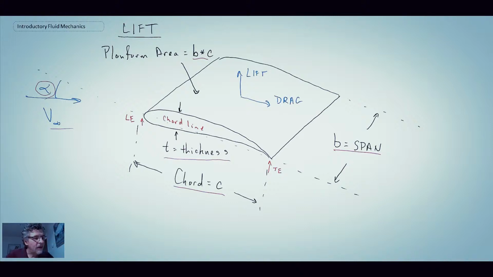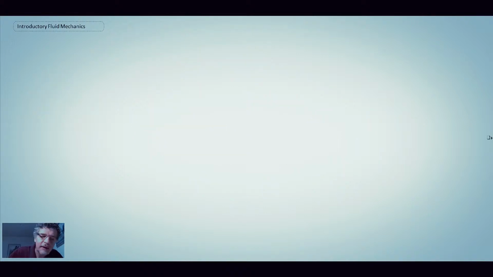Okay, now the way that we characterize lift characteristics on any kind of body, be it an aerodynamic body or not, we use the lift coefficient, very much like what we saw for the drag coefficient. And the nature of that is going to depend upon whether it's a finite body, like we just saw, or if it's a two-dimensional section of an airfoil.